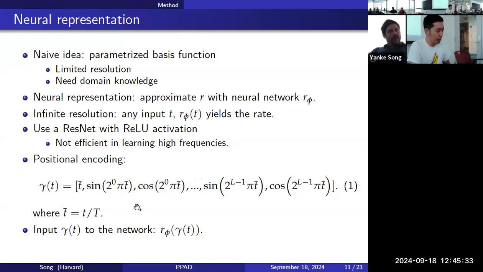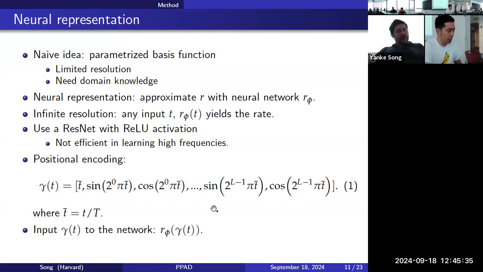So I'm preparing different frequencies of t before feeding it into the neural network. Then the neural network just needs to fit all those frequencies and also the original t, and it's going to have a much easier time.